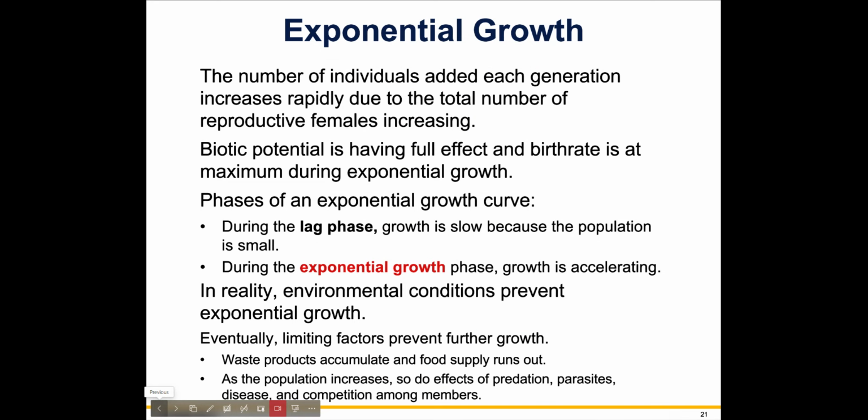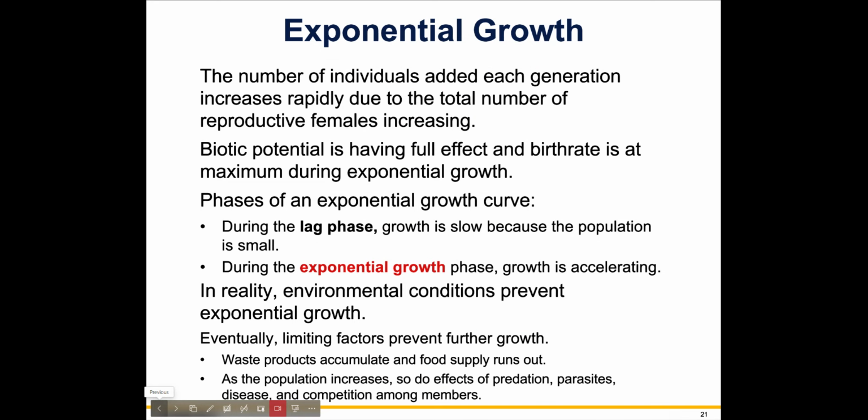The first being exponential growth. And so there is a curve that is drawn where we will see the number of individuals added in each generation increases rapidly because of the total number of reproducing females.